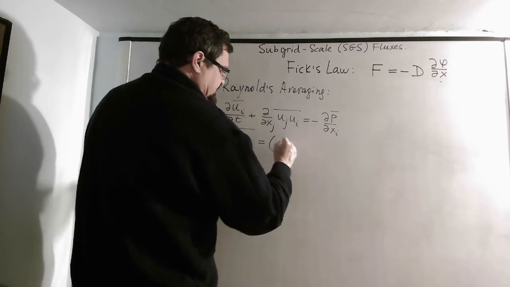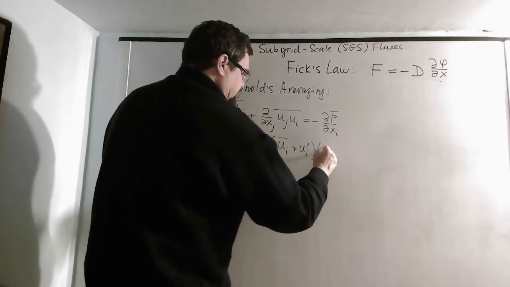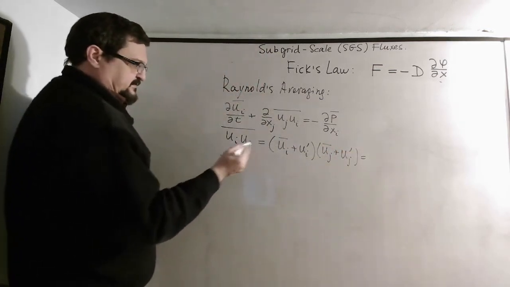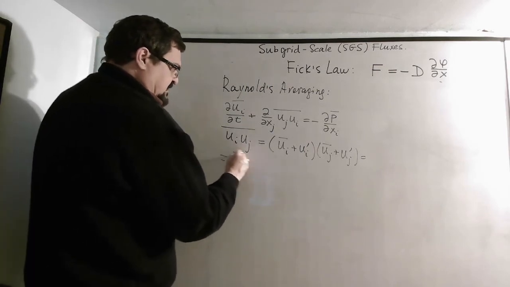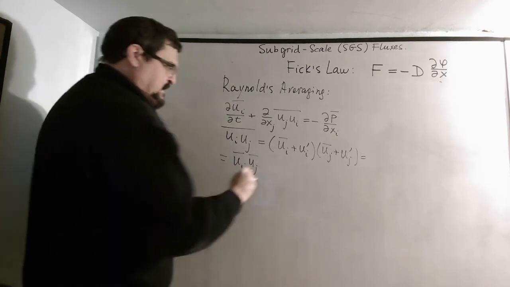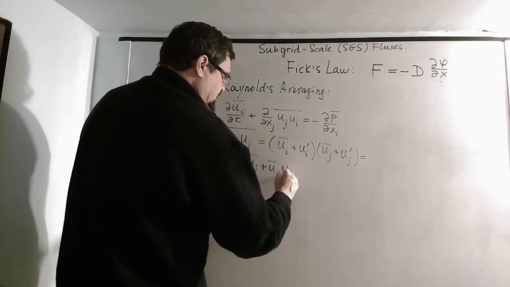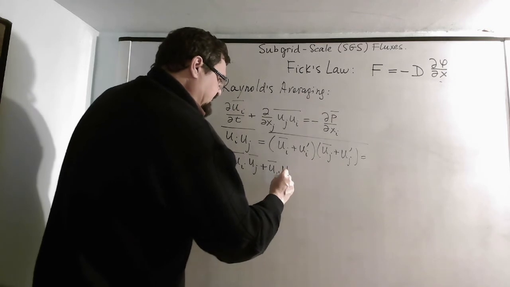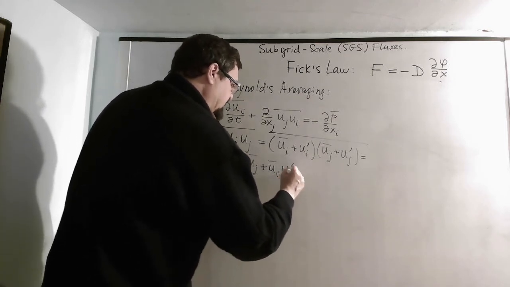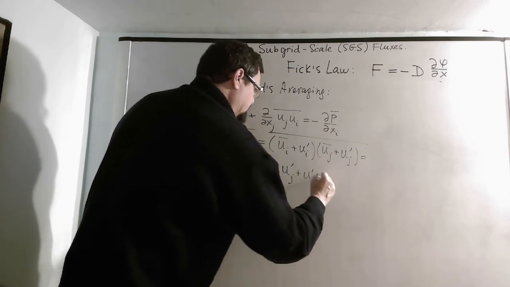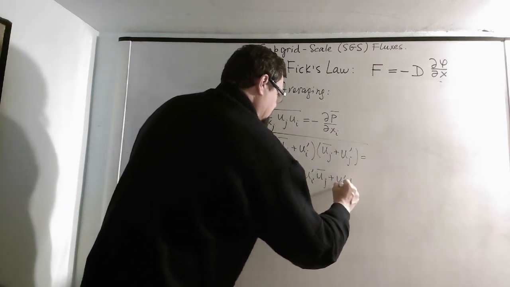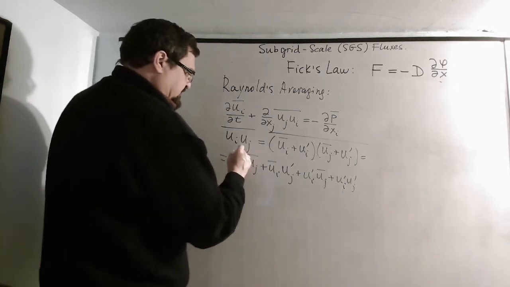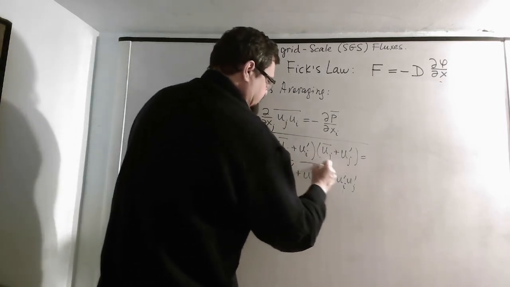It's a grid average plus perturbation, times a grid average plus perturbation. Let's multiply. It's u_i average u_j average, plus u_i average u_j prime, plus u_i prime u_j average, plus u_i prime u_j prime, and the average is taken over each of these terms.